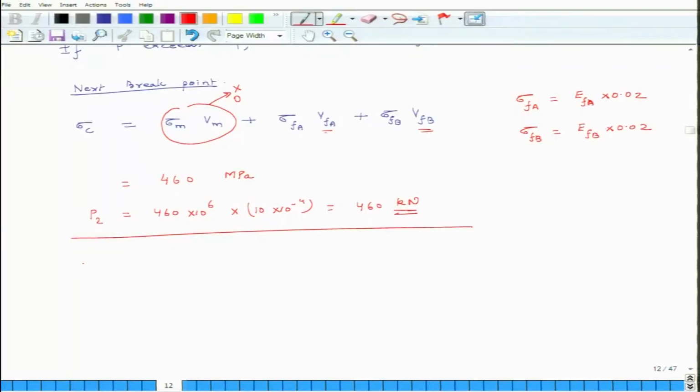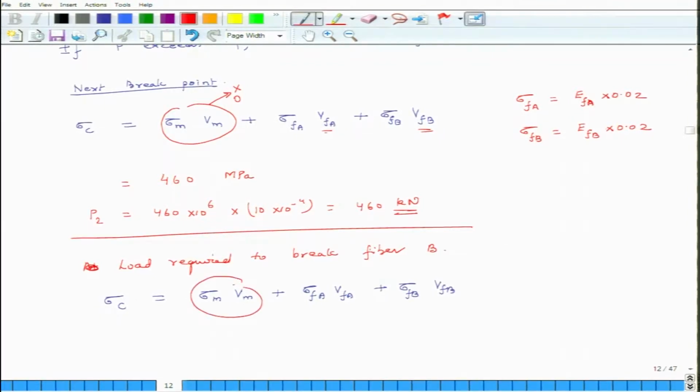So, the load required to break fiber B, because this fails in the end at 7%. So, in that case, sigma C, again we will use the same formula, sigma m V m plus sigma F A V F A plus sigma F B V F B. Okay. But this is already 0.